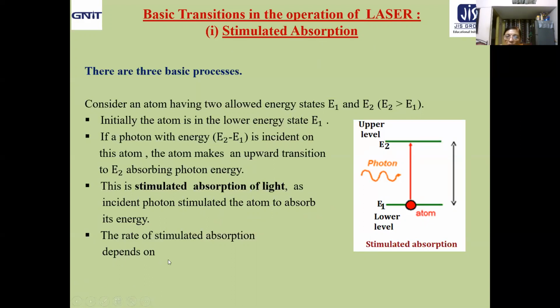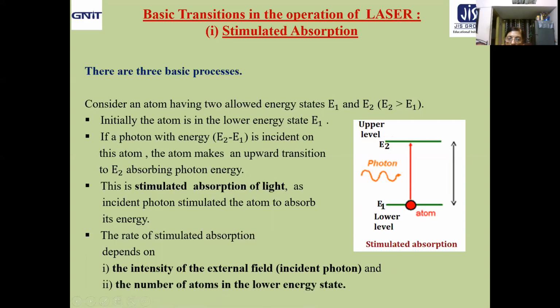Now the rate of stimulated absorption depends on what? The rate of stimulated absorption, that means number of stimulated absorptions per unit time, depends on the intensity of the external field, that is incident photon, and the number of atoms in the lower energy state.